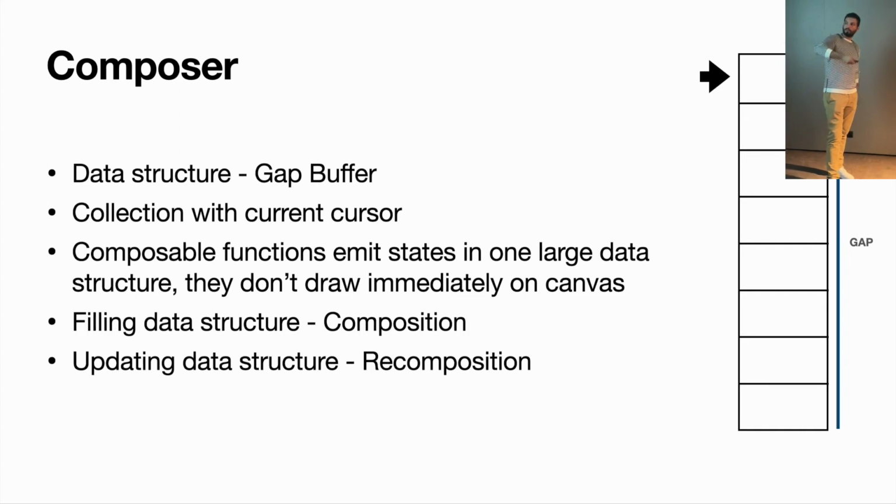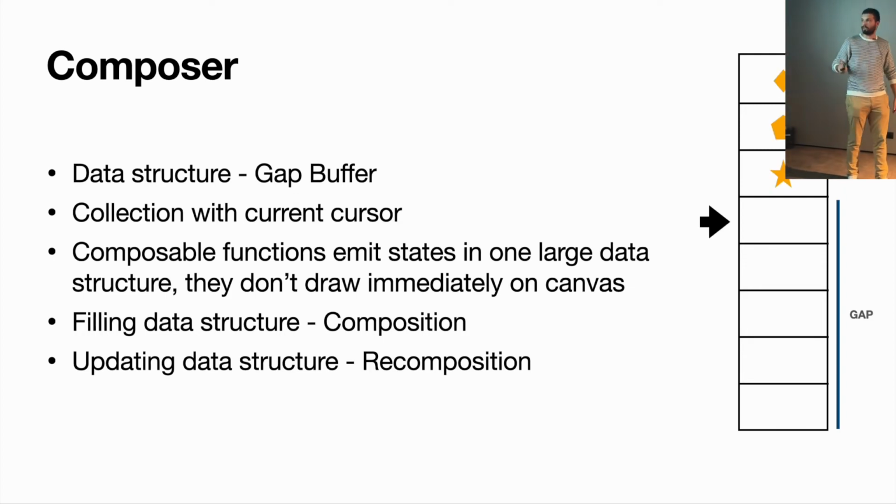So the first thing you do, when the app is run, you go through all your composables in your first screen, and when you call those composables, they are basically filling the data inside this gap buffer. So we had some 3 composables, and we put the data inside the gap buffer.